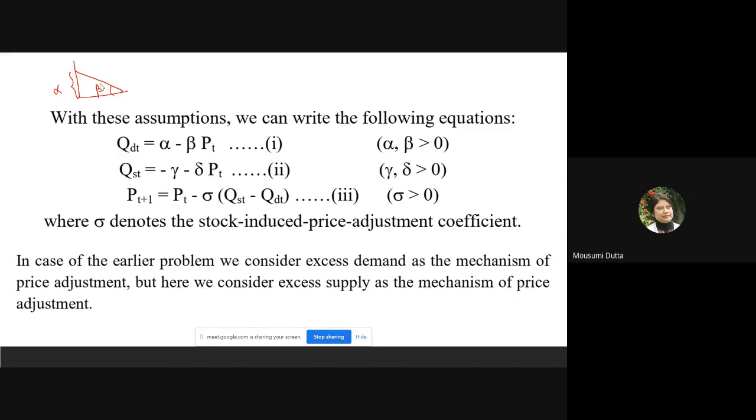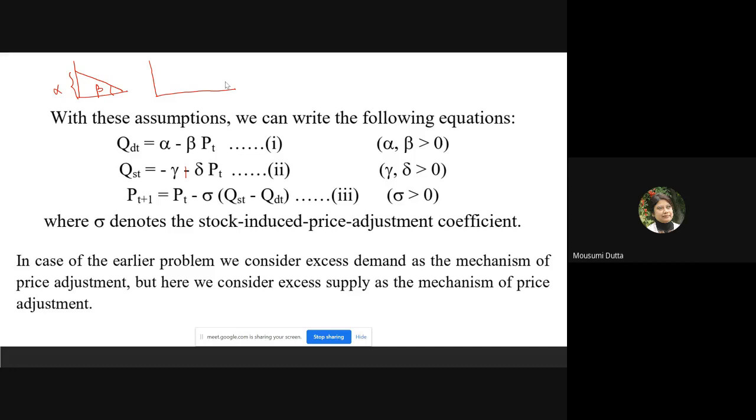Whether I really wanted to mean minus delta or I wrongly mentioned the sign to be minus. For the time being, please write down the supply equation as Q_st is equal to minus gamma plus delta P_t. There is no harm if the supply curve is negatively sloped.